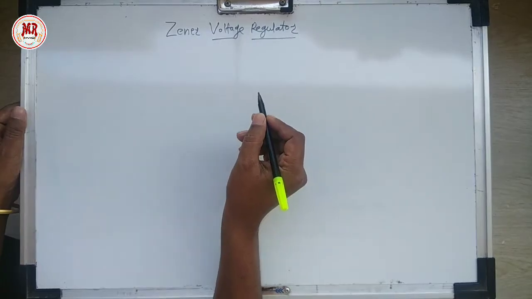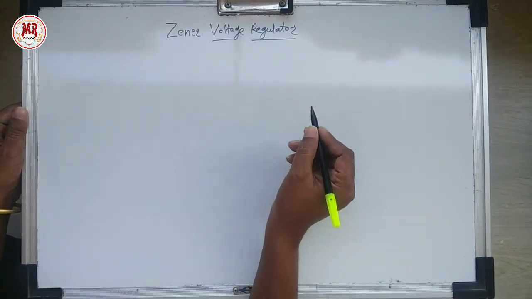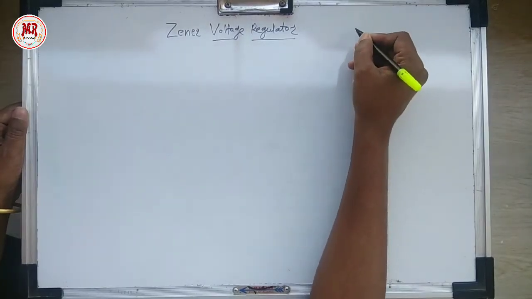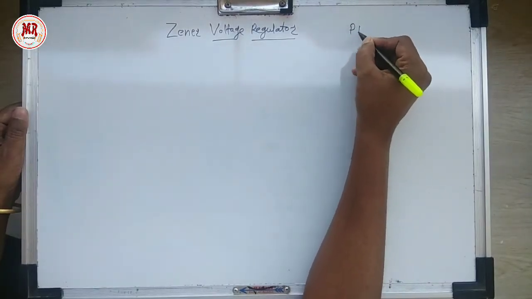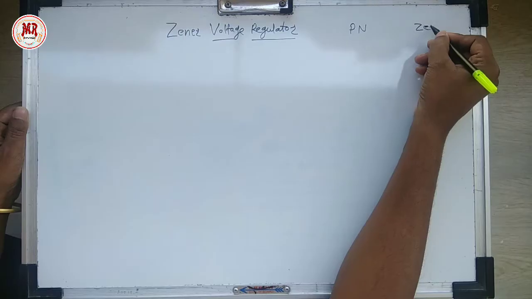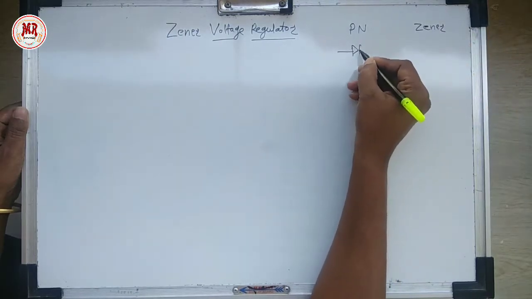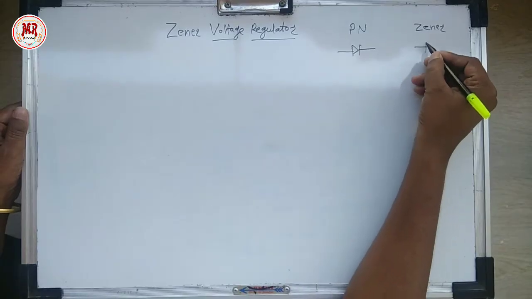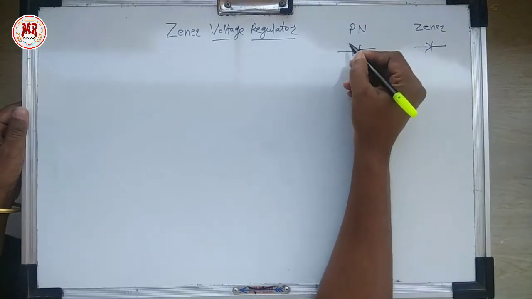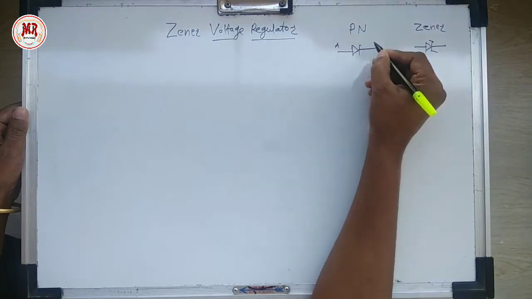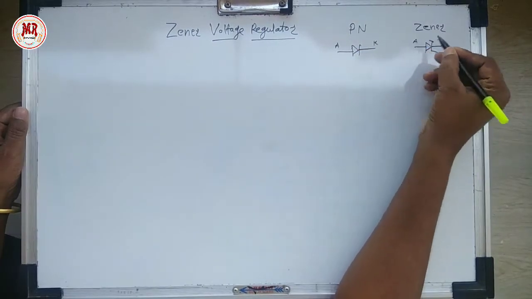Now before going to the actual experiment, please spare some time to understand the difference between PN junction diode and Zener diode. PN junction diode and Zener diode, though have identical symbols, both have anode and cathode.